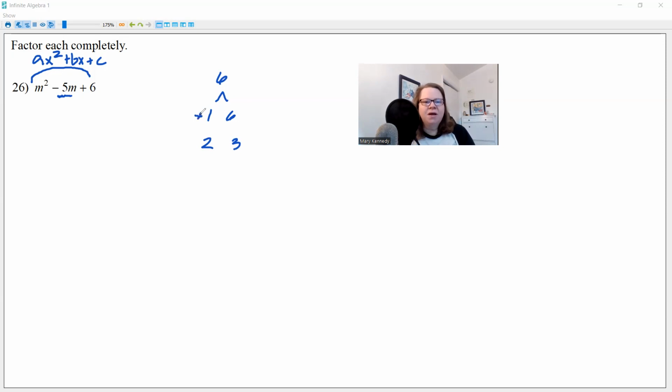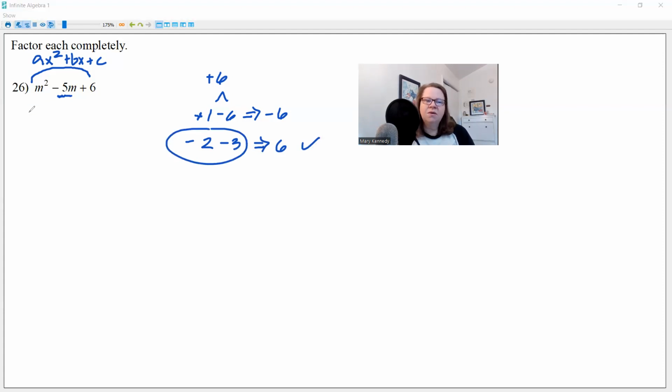So positive 1 minus 6 could give us negative 5. But negative 2 minus 3 is also negative 5. So how do you know which one it is? Well, the one that multiplies to give you a positive 6, this is a plus 6, right? So 1 times negative 6 is going to give us negative 6. Negative 2 times negative 3 is going to give us positive 6.